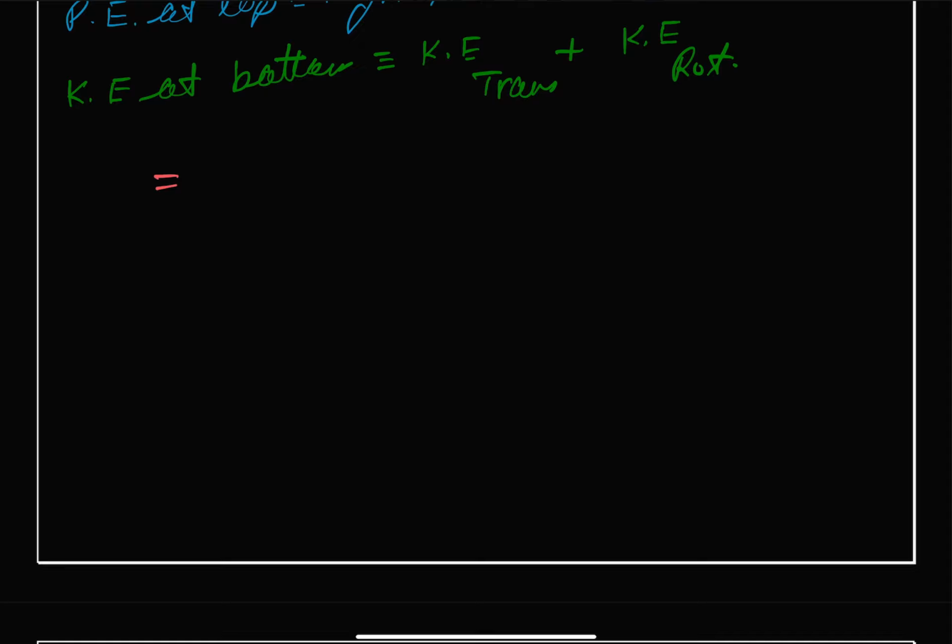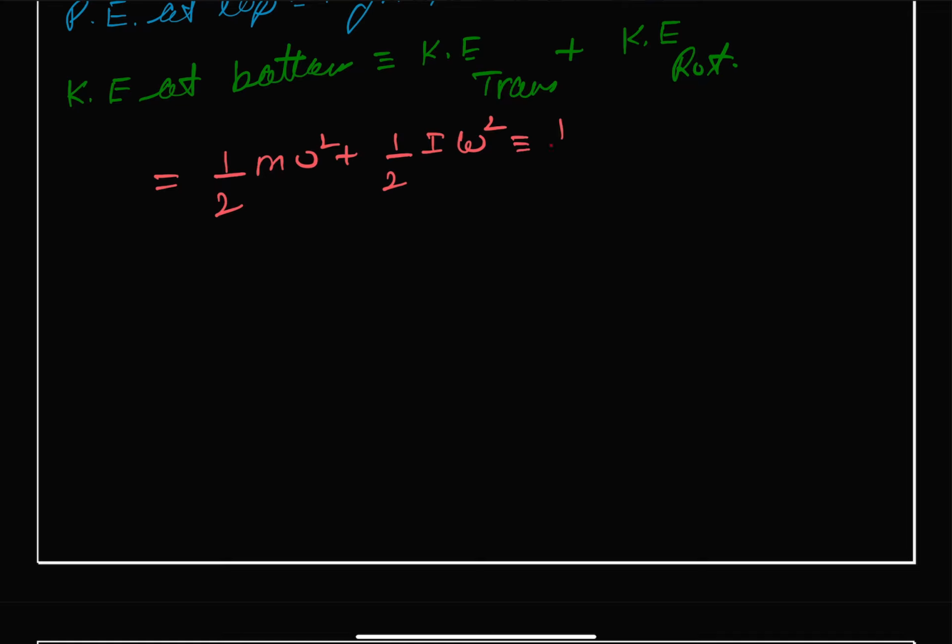So this will be equal to half m v square plus half I omega square, and as there is rolling without slipping, we can put omega equal to v upon r.